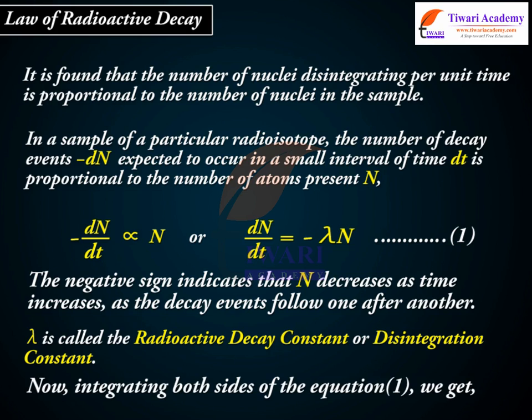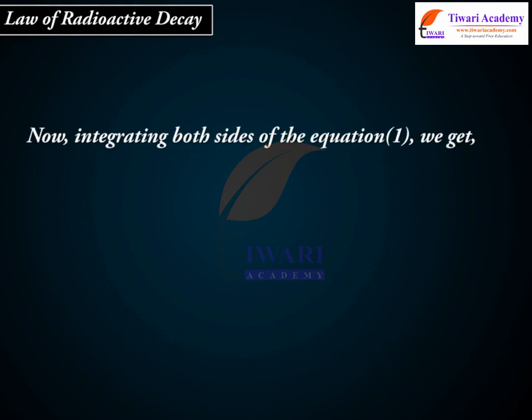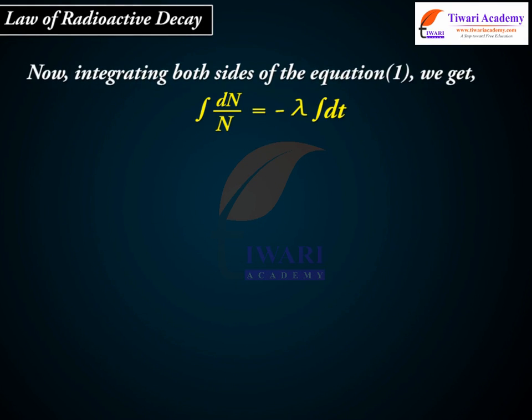Now, integrating both sides of equation 1, we get integral dN by N is equal to minus lambda integral dt. Log N(t) is equal to minus lambda t plus c. Equation 2.